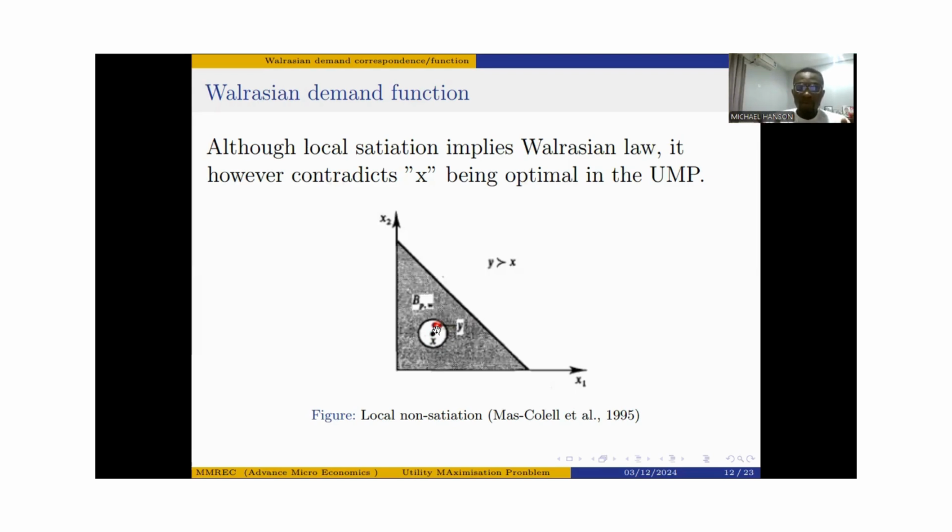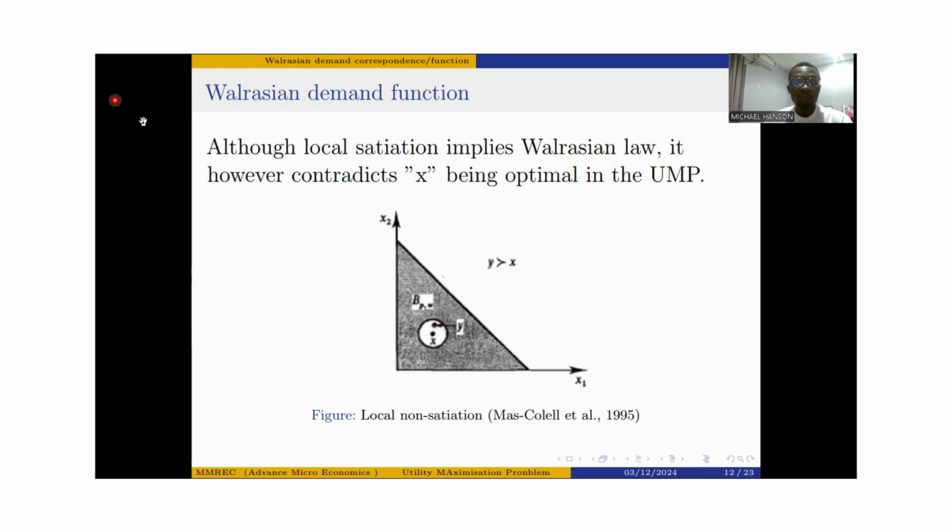So now you have refuted the consistency assumption. So the Wallacean non-satiation principle is critical. It helps us to achieve the Wallacean law, but it ends up refuting the consistency assumption of the lexicographic ordering, or the consistency assumptions of the preference-based approach and that of the choice-based approach.